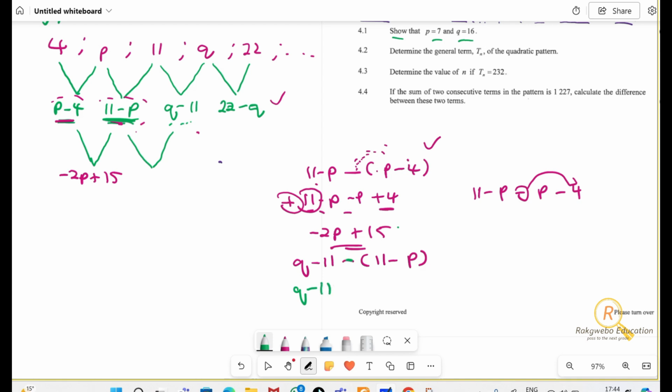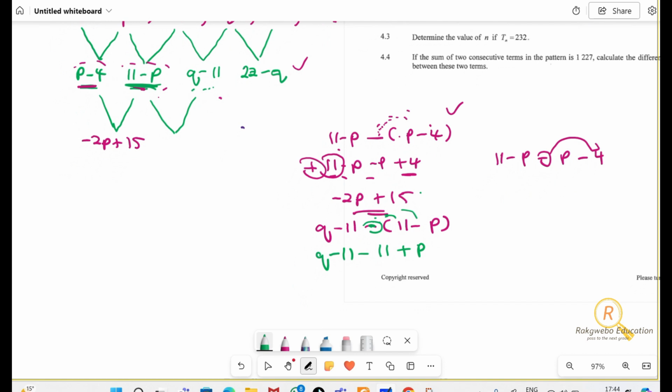The minus times the positive 11 gives us minus 11. Then the minus times the negative P gives us positive P. So we then have Q plus P, then minus 11, which gives us minus 22. So here we have Q plus P minus 22.